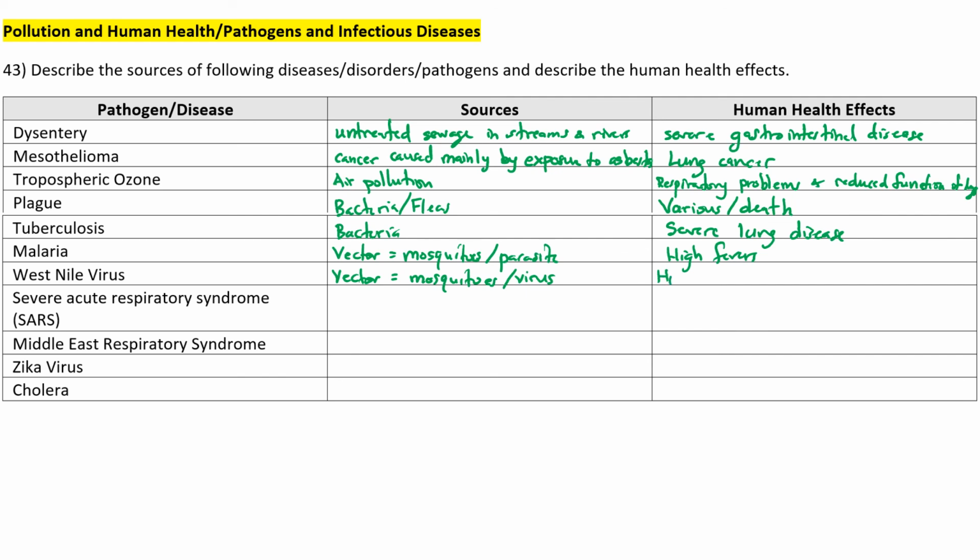So, causes high fever, headache, neck stiffness, stupor, disorientation, coma, tremors, convulsions, muscle weakness, vision loss, numbness, and paralysis. So West Nile does a number.